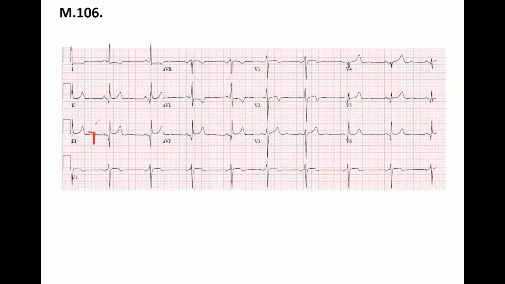So you see a Q wave in 2, 3, and aVF, this is what you see. There are no ST changes, okay, no ST changes. And you see, for example, in V1, something like this, as a keyword.